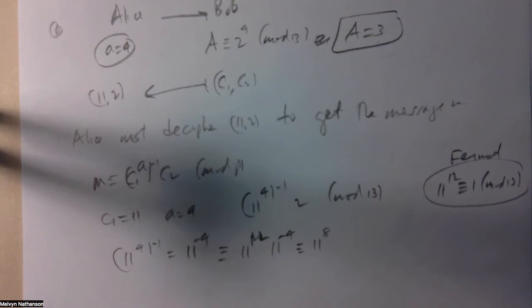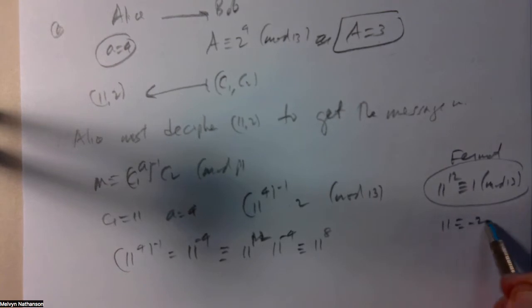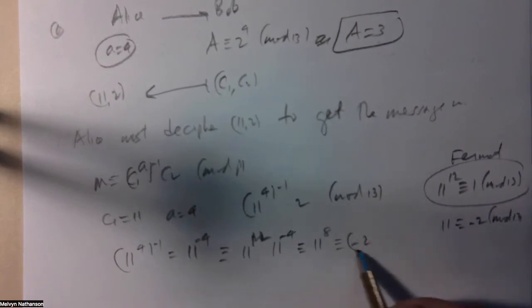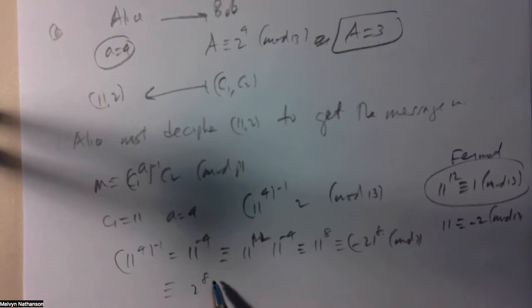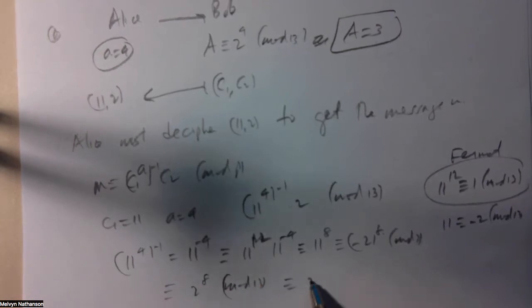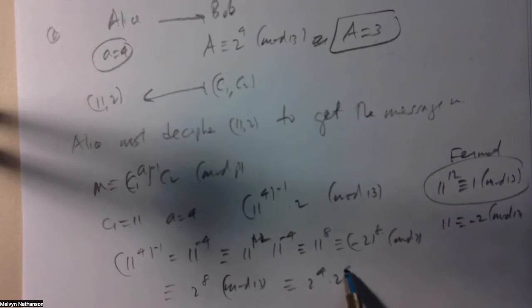What's 11 to the 8th? Let me just do it by hand. 11 is congruent to minus 2 mod 13. So this is minus 2 to the 8th mod 13. It's an even power, so that's the same as 2 to the 8th mod 13. 2 to the 8th is 2 to the 4th times 2 to the 4th.